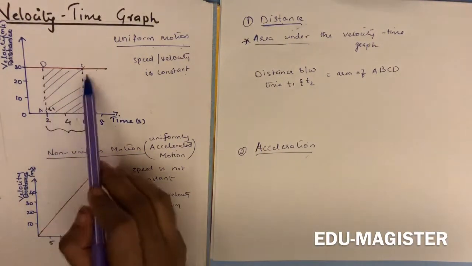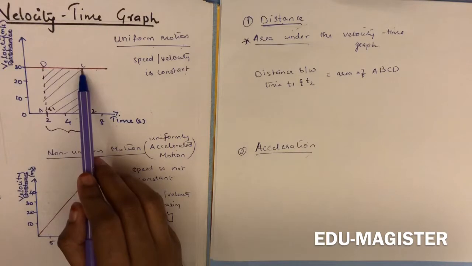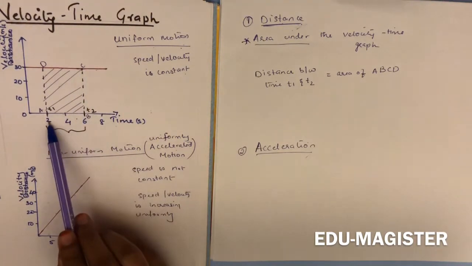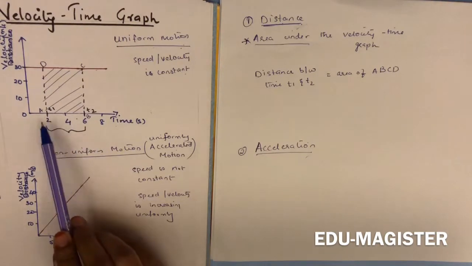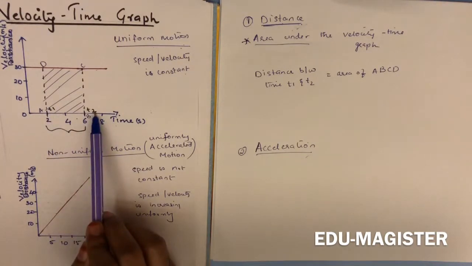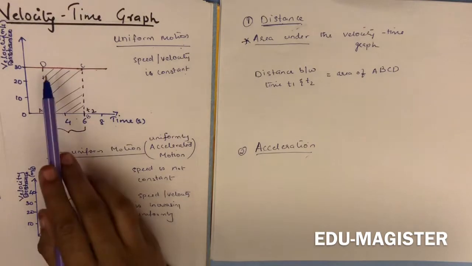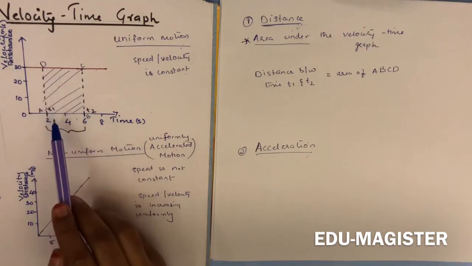So this rectangle will give the distance covered by the object during this time interval, that is between T1 and T2.